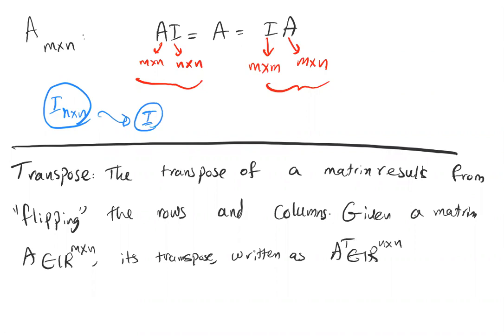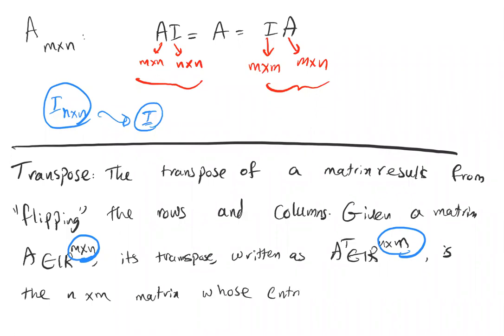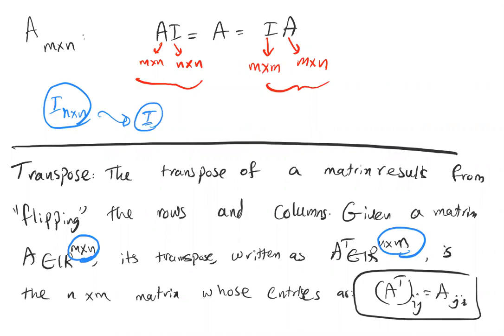As you can see, the dimension was m by n, now it's n by m. This gives you each element of A transpose.